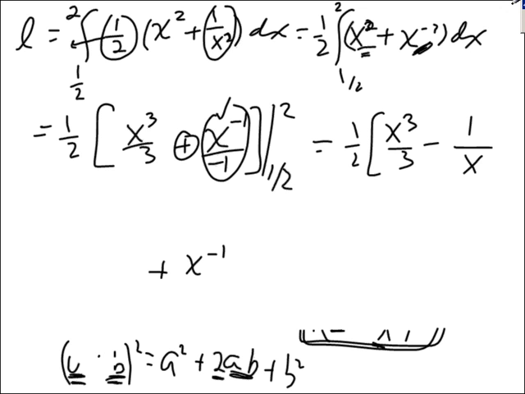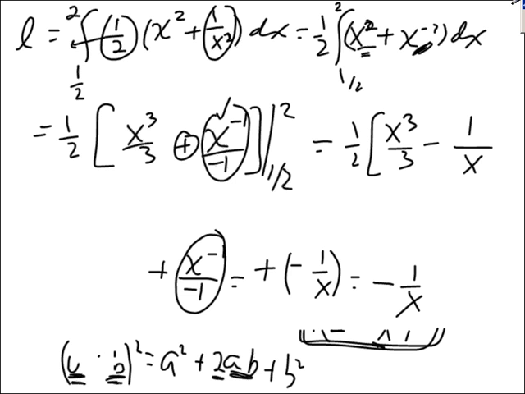Adding x to the negative 1 over negative 1 is the same as adding, well, that fraction is negative and it's 1 over x. Adding negative 1 over x is the same as taking away 1 over x. And that's just what I did. And this gets integrated from 1/2 to 2, or evaluated from 1/2 to 2. We're done integrating.